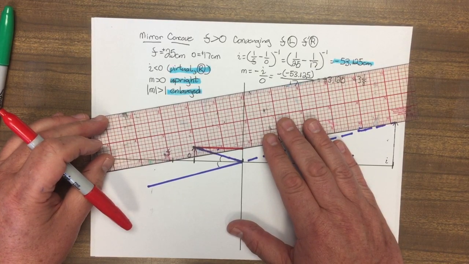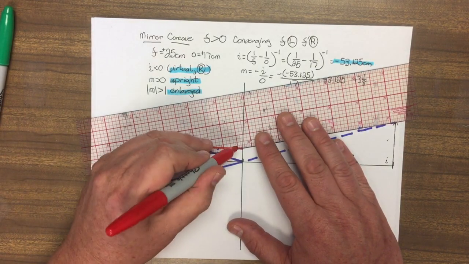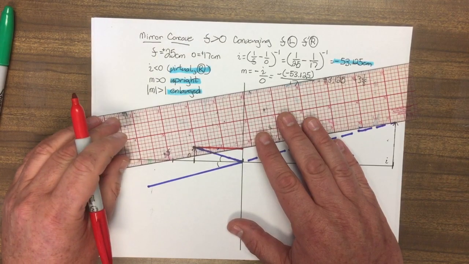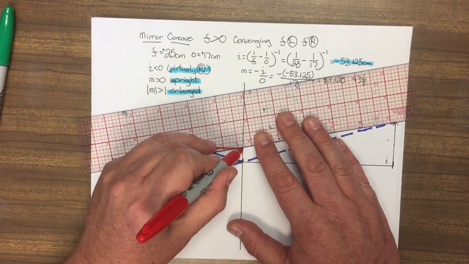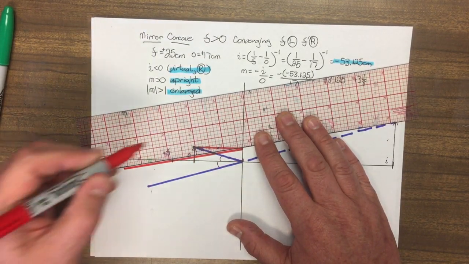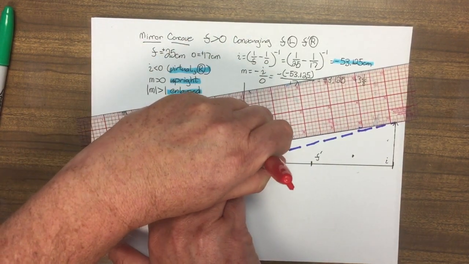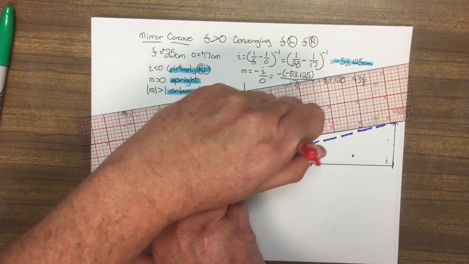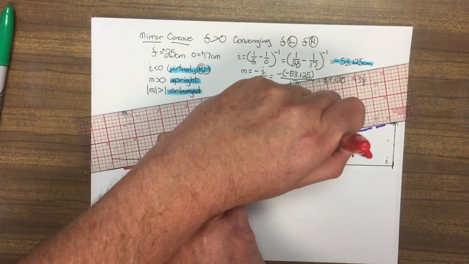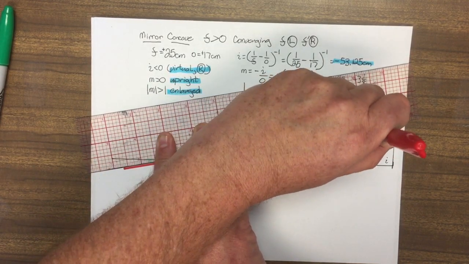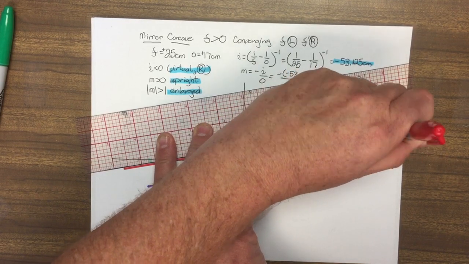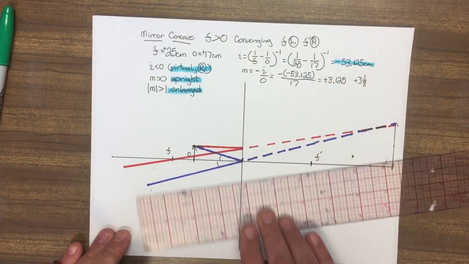So the ray is going to do this. But what also happens is if you trace the image back, you get that.